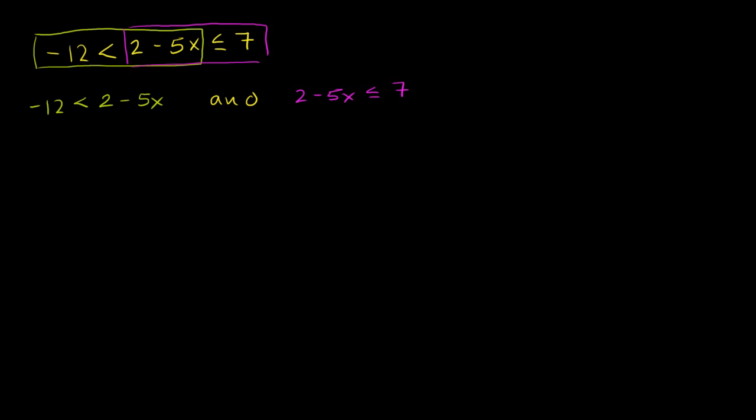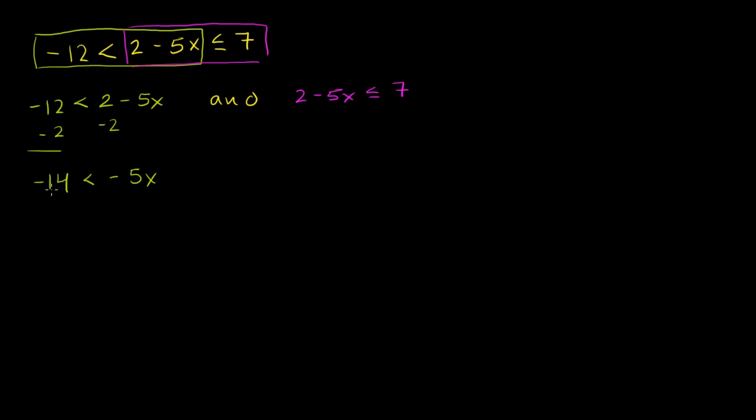So let's just solve this the way we solve everything. Let's get this 2 onto the left-hand side here. So let's subtract 2 from both sides of this equation. The left-hand side becomes negative 14 is less than, these cancel out, negative 5x. Now let's divide both sides by negative 5. And remember, when you multiply or divide by a negative number, the inequality swaps around.